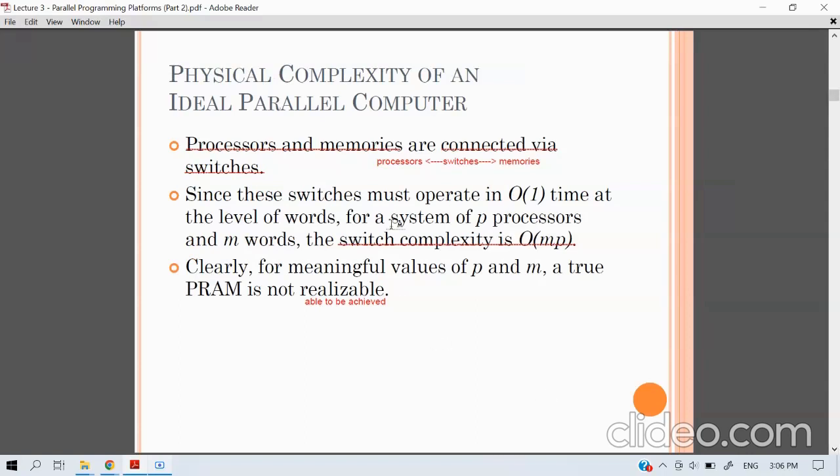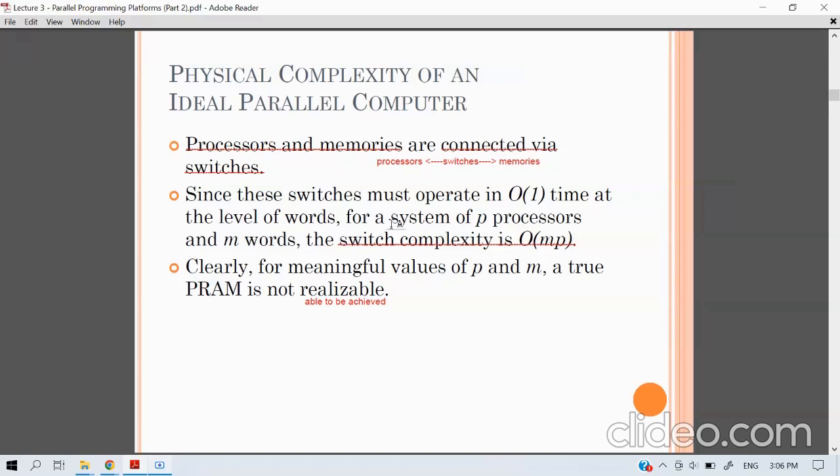Okay, so processors and memories are connected via switches. Since these switches must operate in O(1) time at the level of a word, for a system of p processors and m words, the switch complexity is O(m times p).